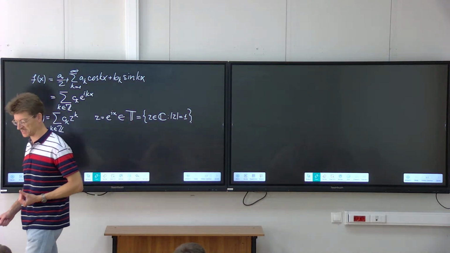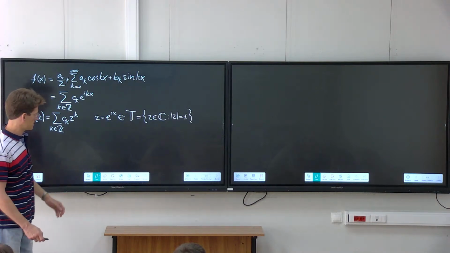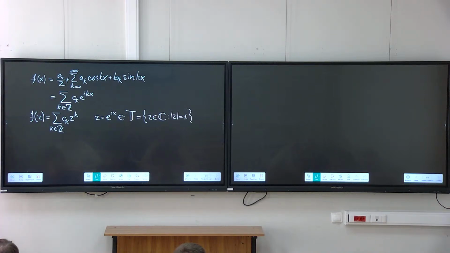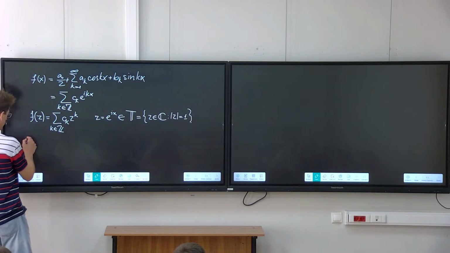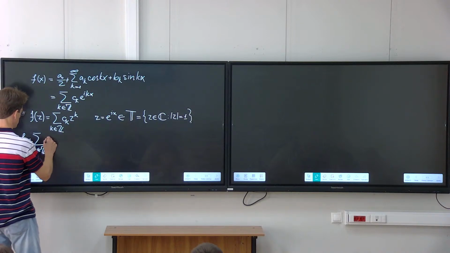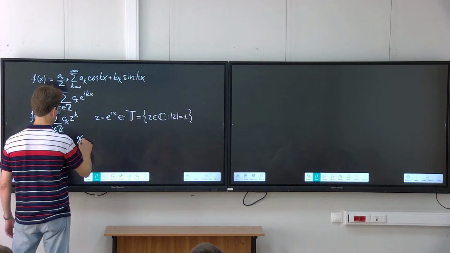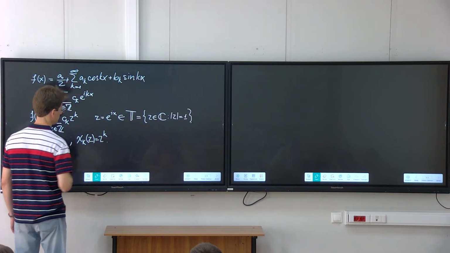It's very essential that this is a topological group. And because of this, it's common to denote this object as bold T in harmonic analysis. Well, equivalently, we can write this decomposition in the following form: the sum of c_k chi_k, where chi_k is just z to the power k.